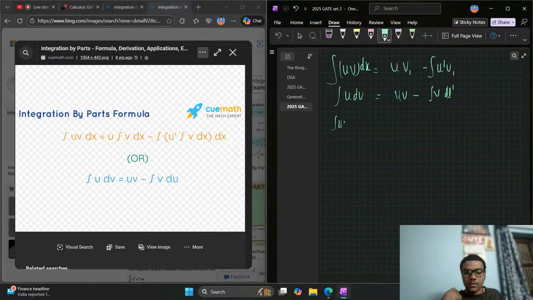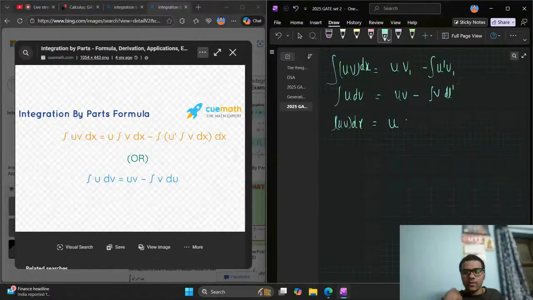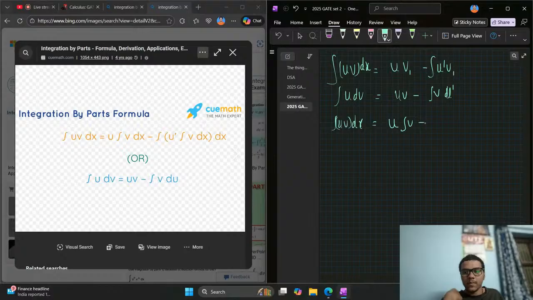So this is the original formula: UV minus integral of U dash V dx.